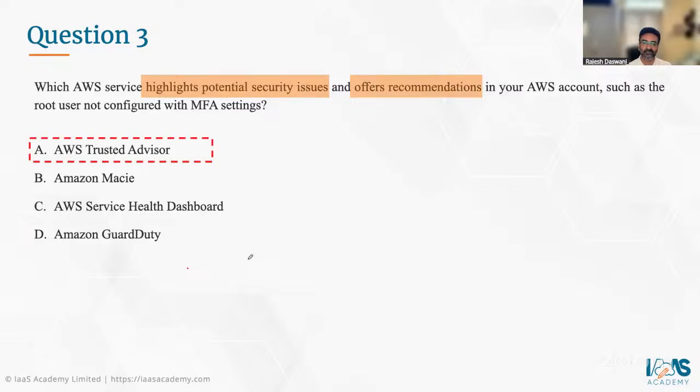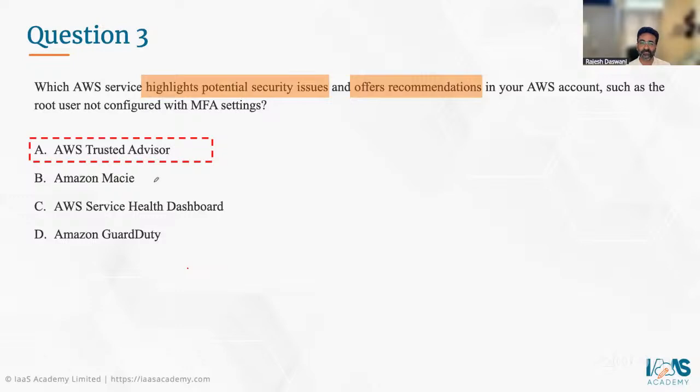The answer is AWS Trusted Advisor. This service we spoke about right at the beginning of this session today allows you to see any recommendations that AWS has across different categories: performance, fault tolerance, security, cost optimization, service limits, and operational excellence, 6 in total. It gives you recommendations to ensure that you can meet AWS recommended best practices across all of them.